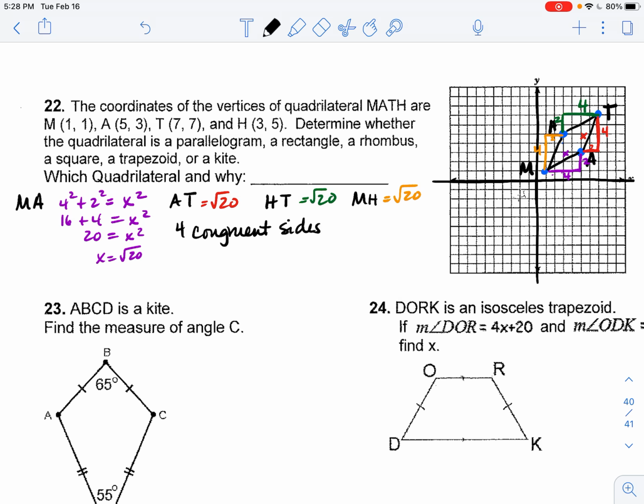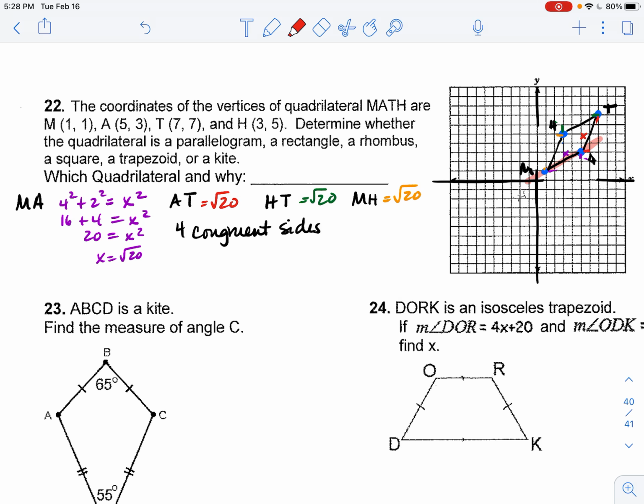All right, so the next thing we want to look at is the slopes, because if we have perpendicular slopes, right angles, they're going to have opposite reciprocal slopes. So let's find the slope of each of these guys. So the slope, and let me go ahead and kind of just clean this up a little bit, because we got a lot going on here now.